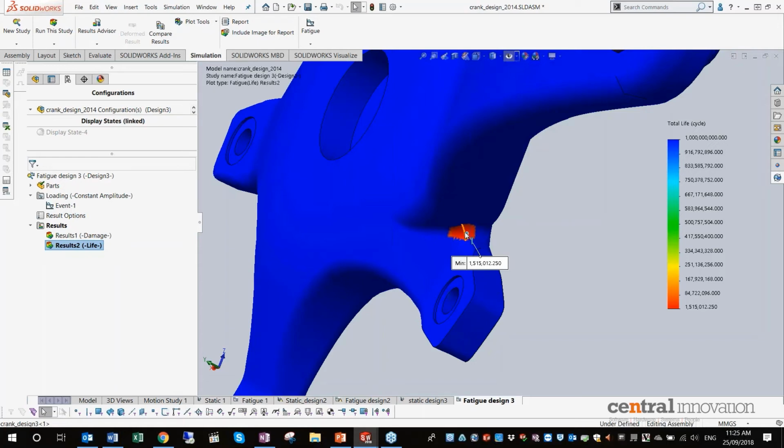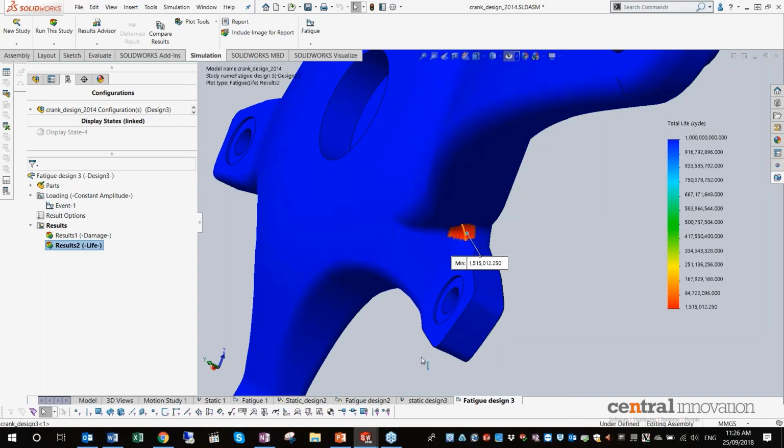Just knowing that by applying your load once on your model and getting the maximum stress below your yield strength is not good enough, because that part could still fail if you apply the same load repetitively onto that component. To find out how many cycles are needed to cause a fatigue, you have to do a fatigue study.